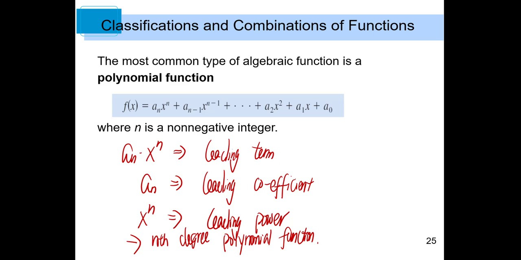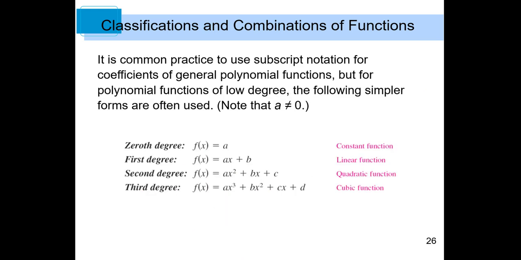And then next term is a_(n-1) x^(n-1). And then the last term, a_0, is what we call the constant. And here n is a non-negative integer. And also we can look into some lower degree polynomial functions, like 0 degree, right?